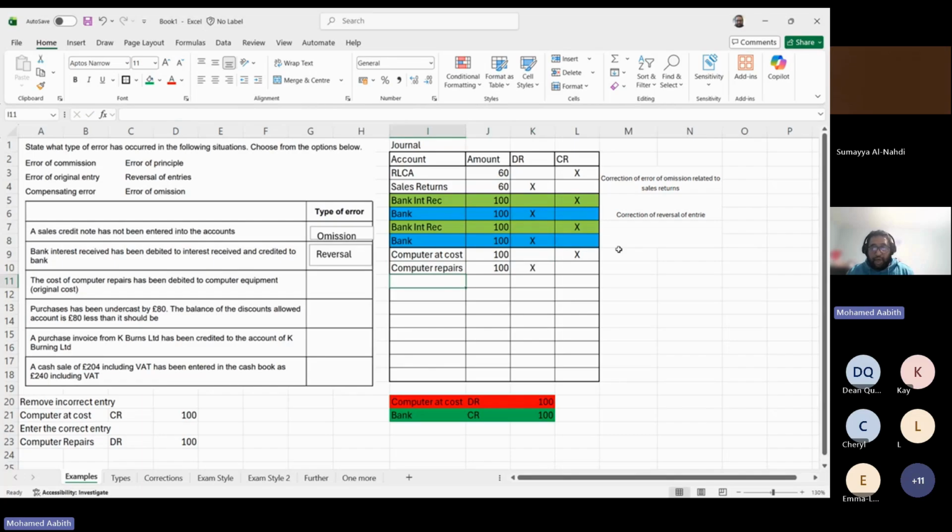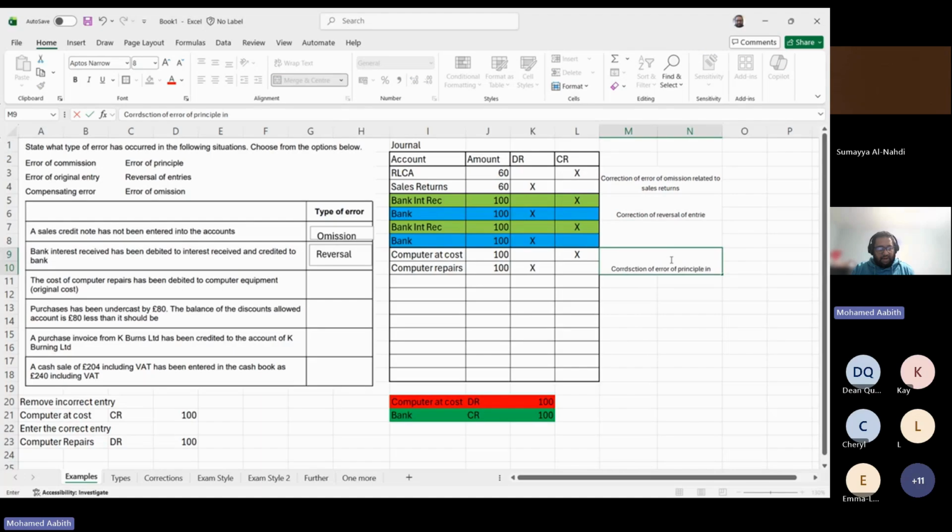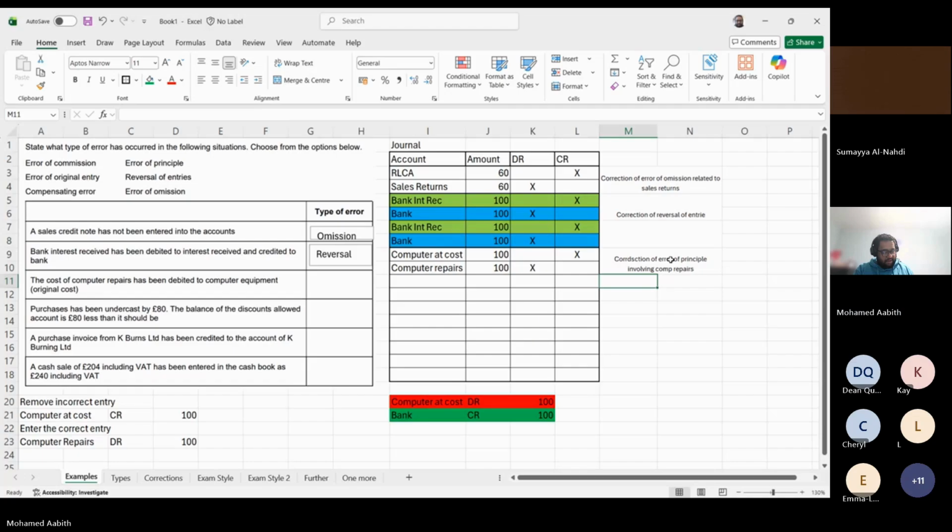So the journal entry will say, correction of error of principal involving computer repairs.